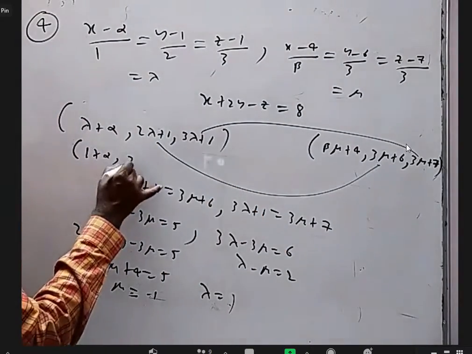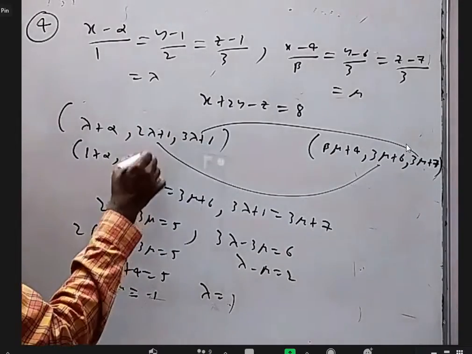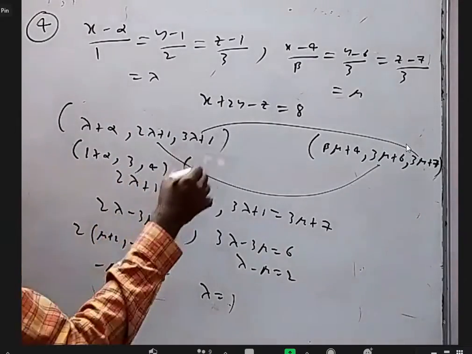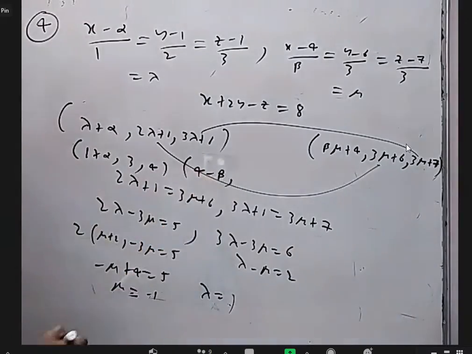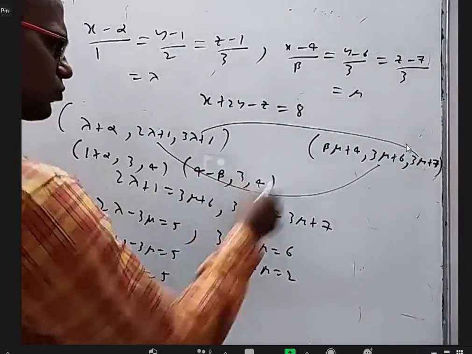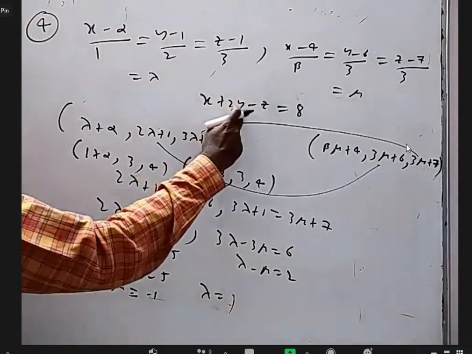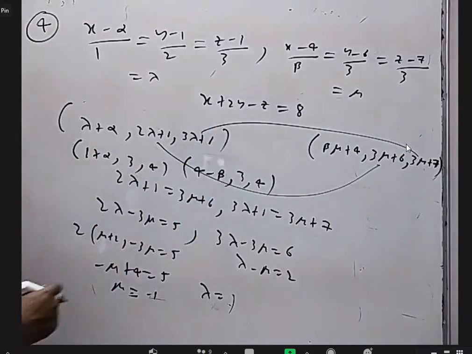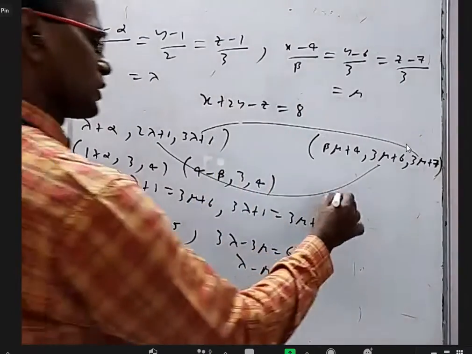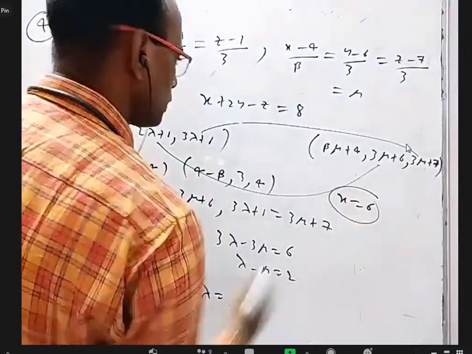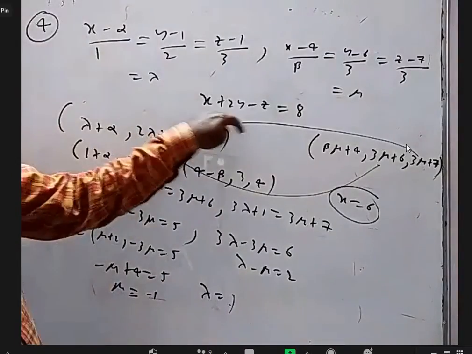When I put lambda 1, this is 3 and this is 4. Similarly, when I put mu minus 1, it is 4 minus beta, 3 and 4. When I put y 3 and z 4 here, this is 6 minus 4, 2, and x is 6, so 6 plus 6, 12 minus 4, 8.